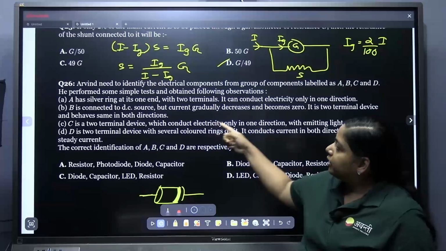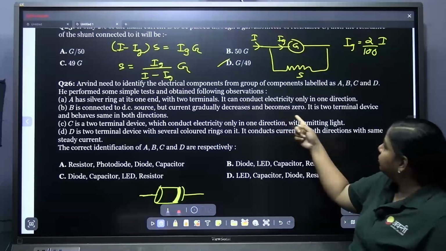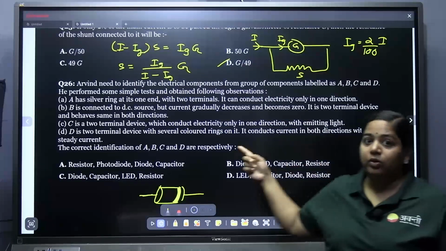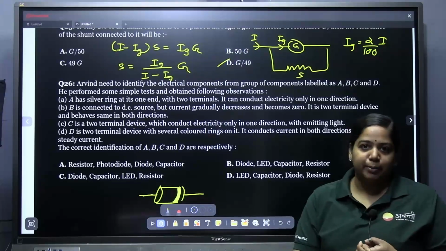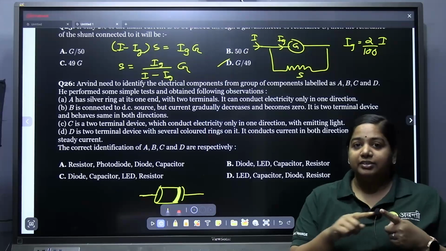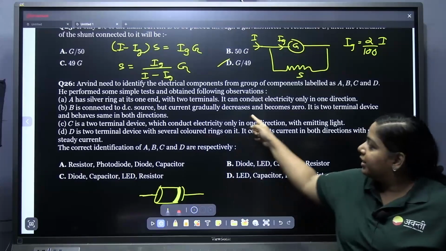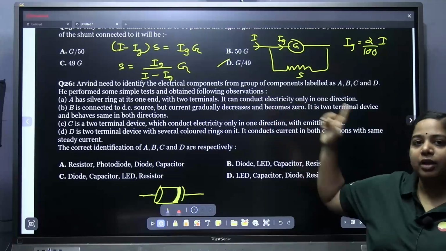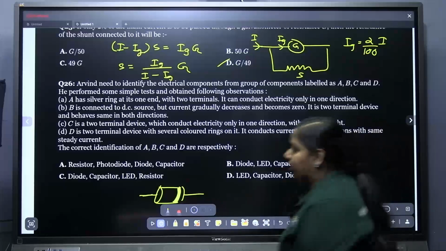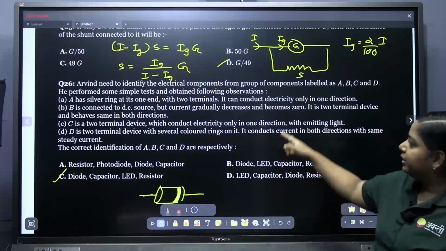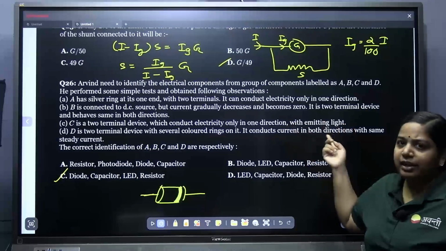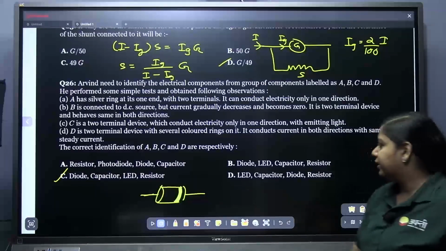B is connected to a DC source, but current gradually decreases and becomes zero. At steady state it becomes zero, so that is nothing but a capacitor. So the answer is option C, diode, capacitor. For the third one, they say light is there, so the third one is an LED.